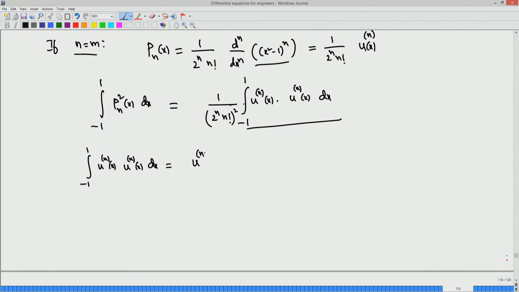What happens? U n minus 1 of x, let us say this I integrated. I bring n derivatives here. So, what is the integration by parts?